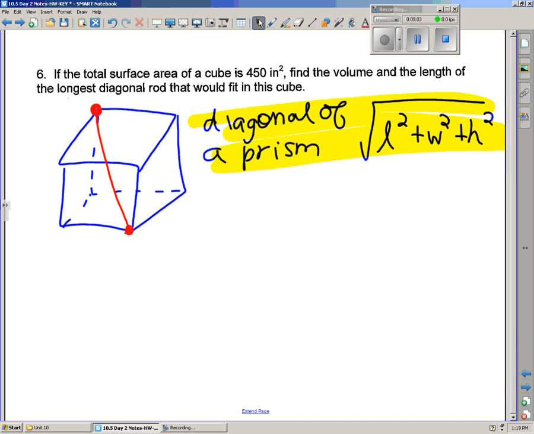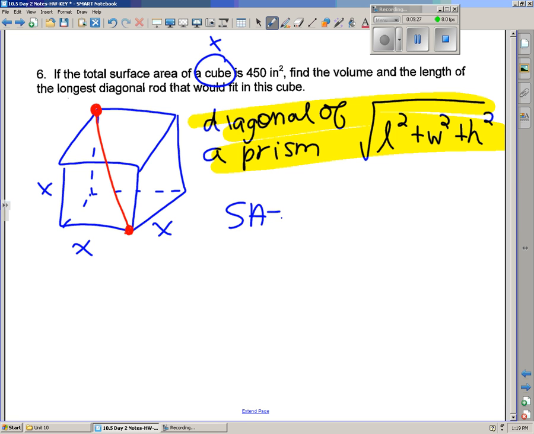So what's happening is they're telling you it's a cube. The fact that it's a cube, all the lengths have side of x. And they're also telling you, in this case, that you've got the total surface area. So let's kind of do this. We don't know the lengths of the length, the width, or the height. But we do know that the surface area is going to be 450 inches squared.